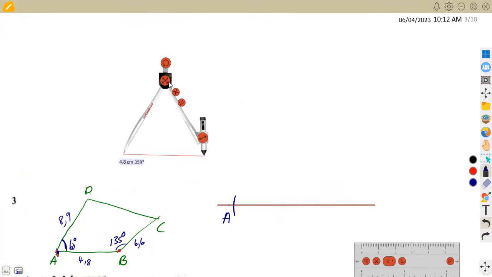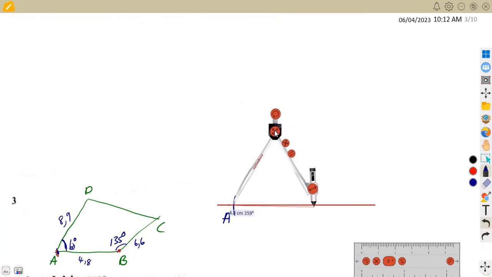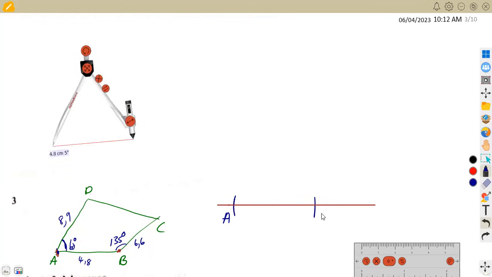Then with that 4.8, you mark it on the other side of the line like this. If I mark this point, it means I am at point B now. This is my point B, which is separated from A by 4.8 centimeters. That is the first stage.